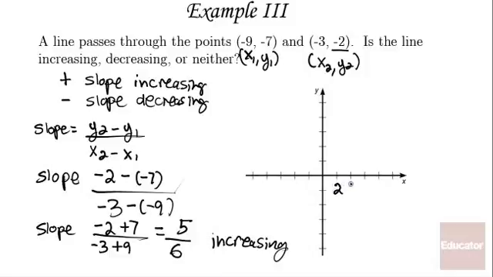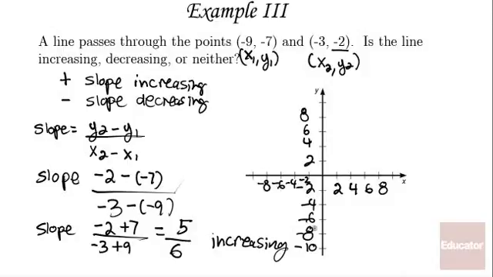So let's see, it's 2, 4, 6, 8, 2, 4, 6, 8, negative 2, negative 4, negative 6, negative 8. So I have two sets of points. I have minus 9, minus 7. So my first set of points, x is minus 9, which is right about there, and y is minus 7, which is right about there.